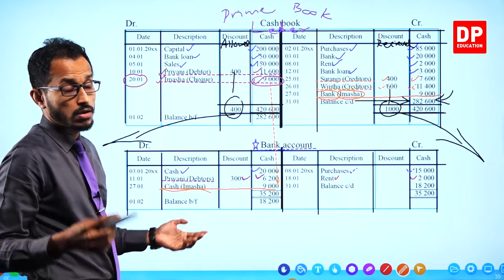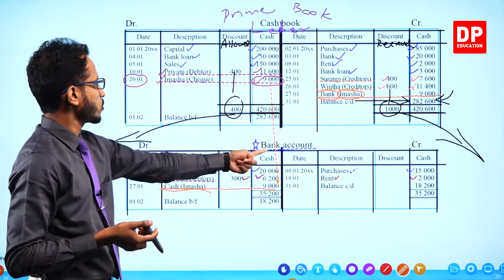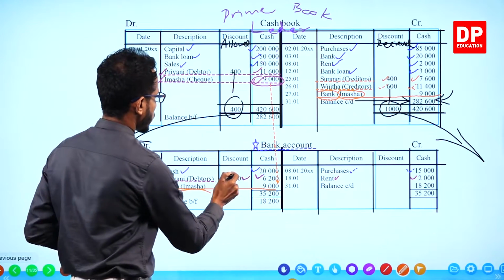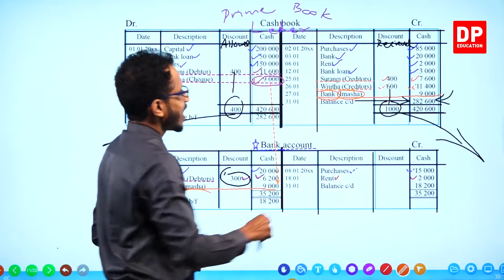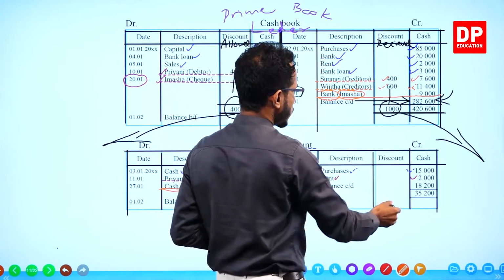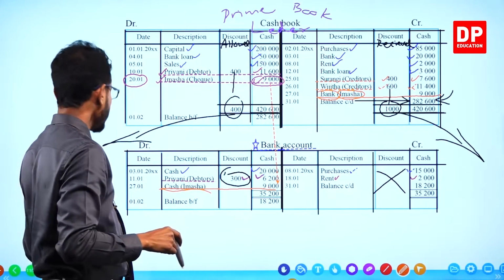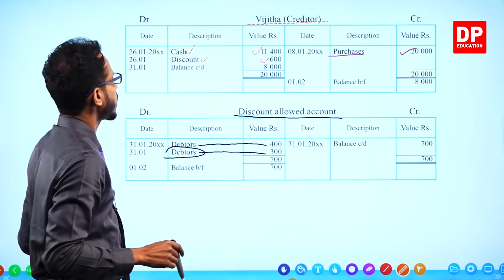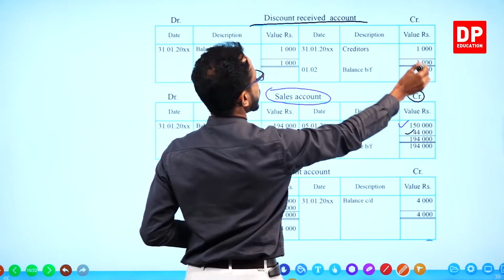Why did you forget the bank book? Bank book also has discounts allowed. That is 300. And discount received 1000, nothing in the bank book, which means in the discount received account only 1000 should be there. Here, only 1000 is there.